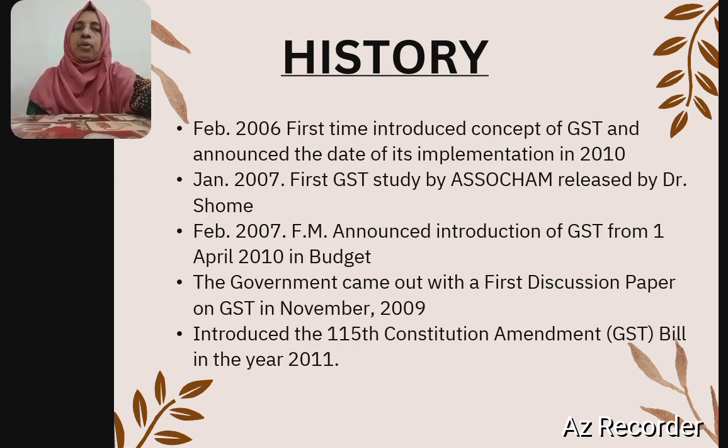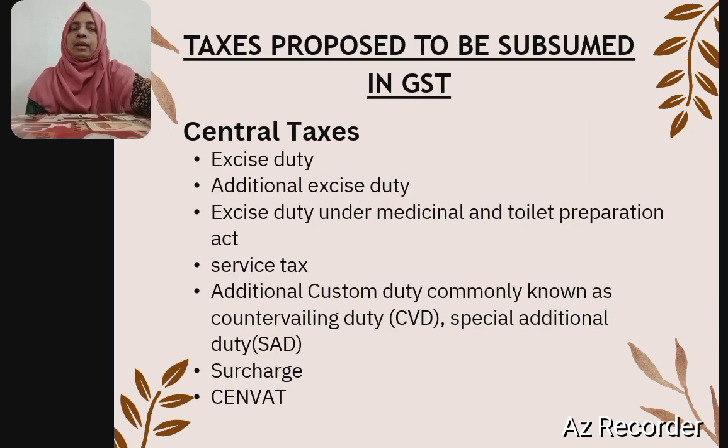The history of GST begins from February 2006, and it came into force in the year 2017. What are the taxes to be subsumed in GST? There are central taxes and state taxes which are subsumed in GST.